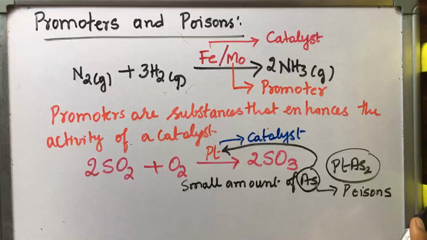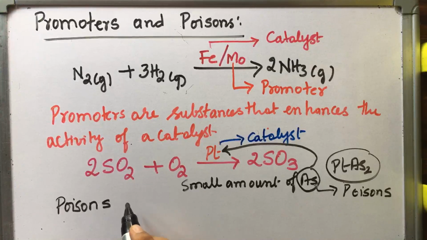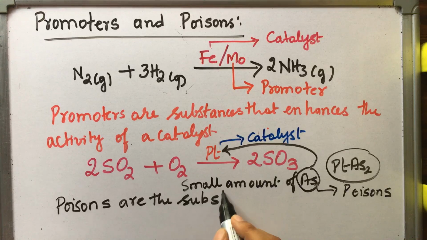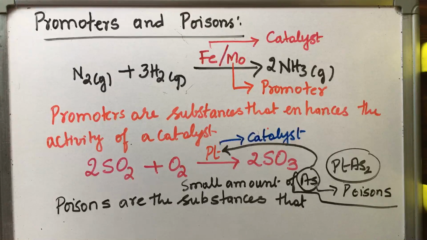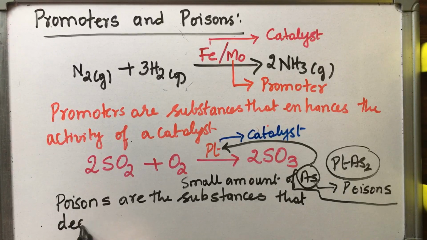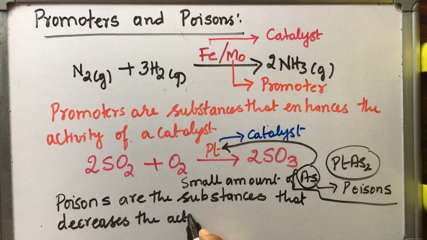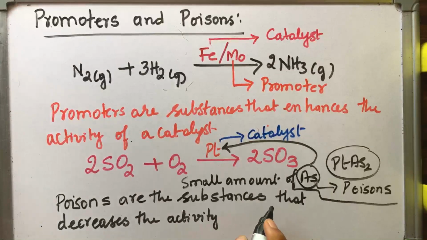Now, what is the definition of a poison? Poisons are the substances that decrease the activity of a catalyst.